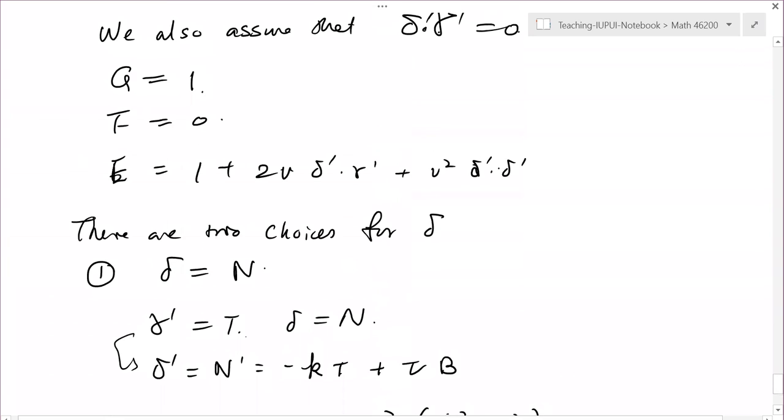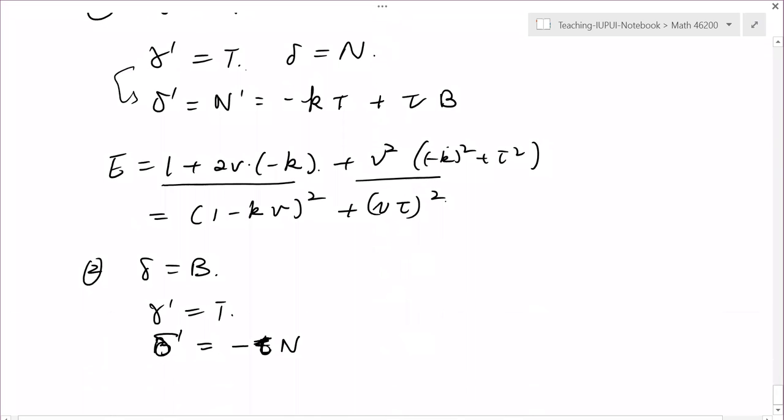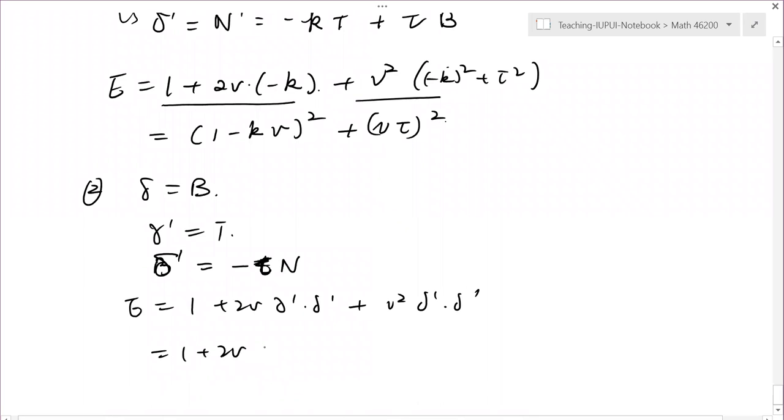The only problem here is E. So E is going to be 1 plus 2V gamma prime delta prime plus V squared delta prime delta. So let's calculate: 1 plus 2V delta prime, which is negative tau N, dotted with gamma prime, this is 0.